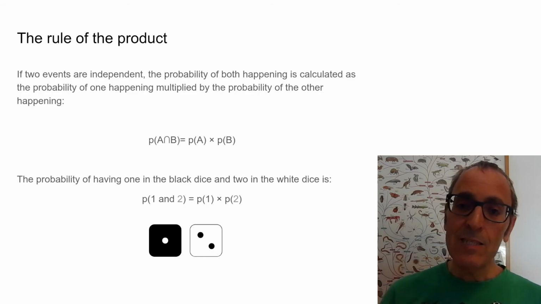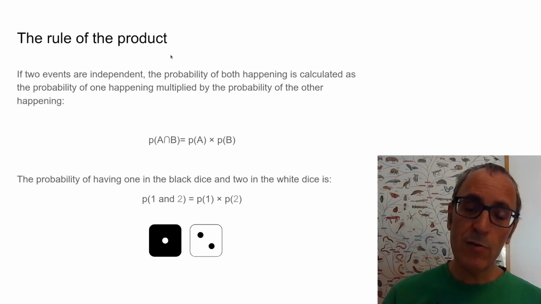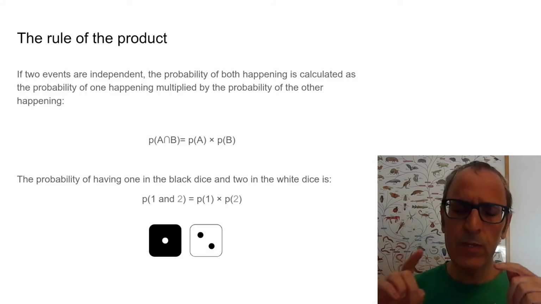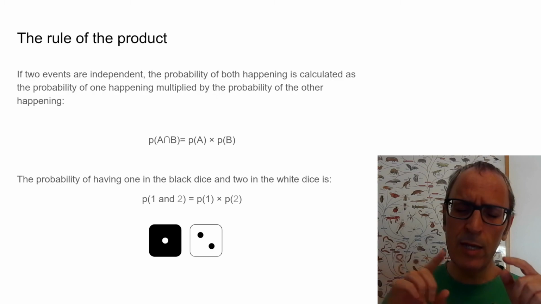In that case, we can use the rule of the product, and that is what we have used to calculate the expected frequency for the haplotypes if there were no relationship between the genotypes of two markers.